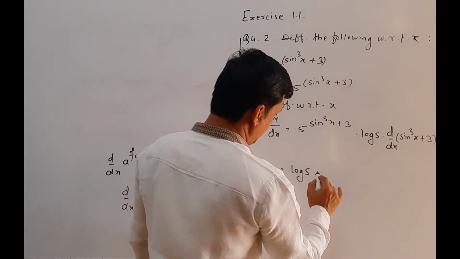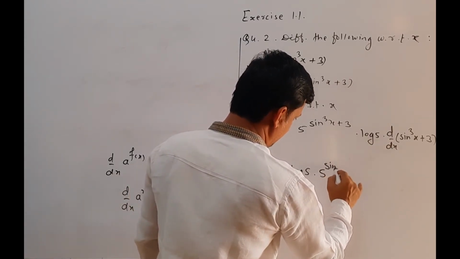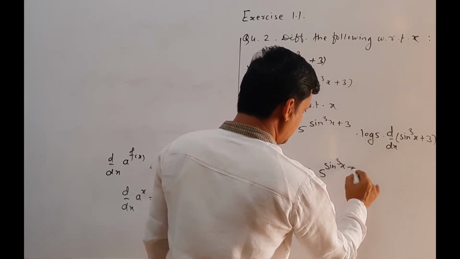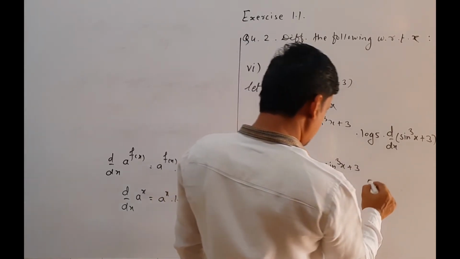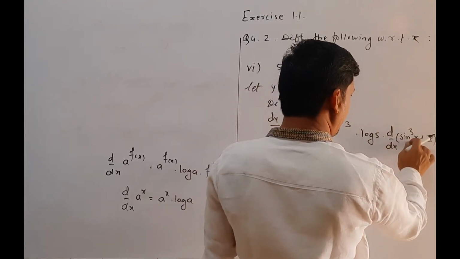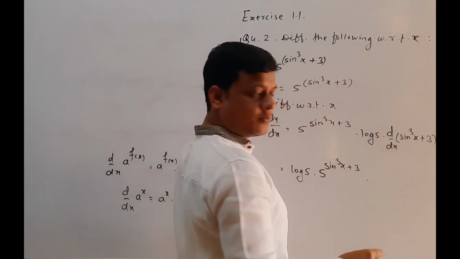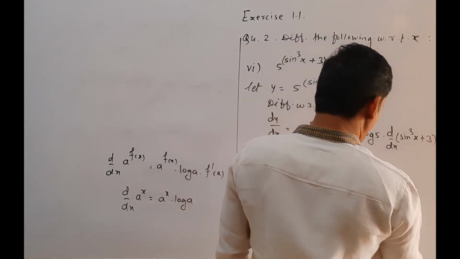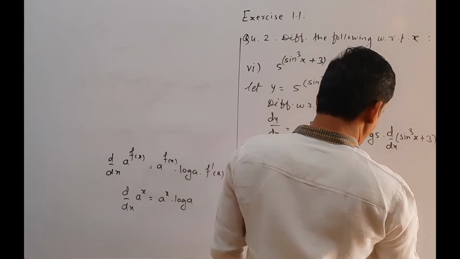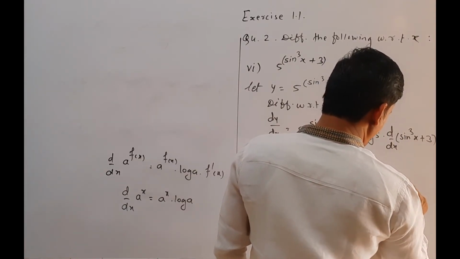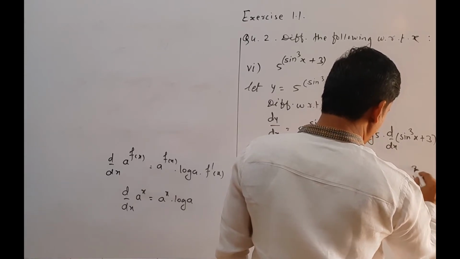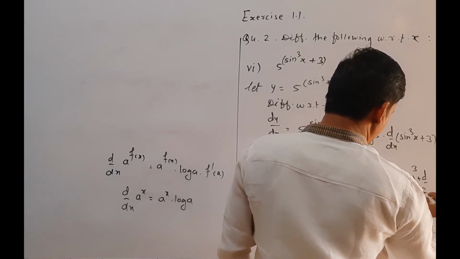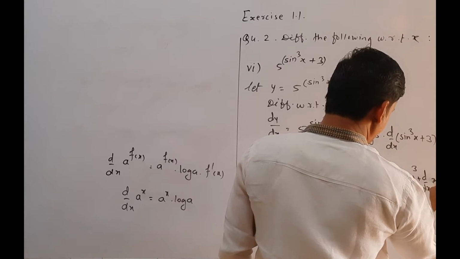So log 5 into 5 raised to the power sin cube x plus 3 into, so we have to find the derivative of sin cube x first, then we have to find the derivative of 3. So we write here d by dx of this sin cube x, we write sin x bracket raised to the power 3 plus d by dx of 3.